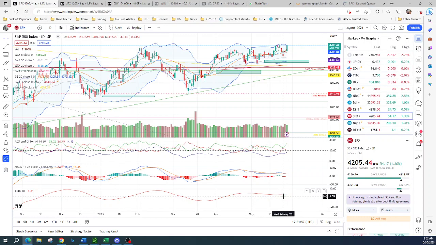The DXY is what you need to look at to feel more comfortable about buying or selling. The DXY is still in a trend.